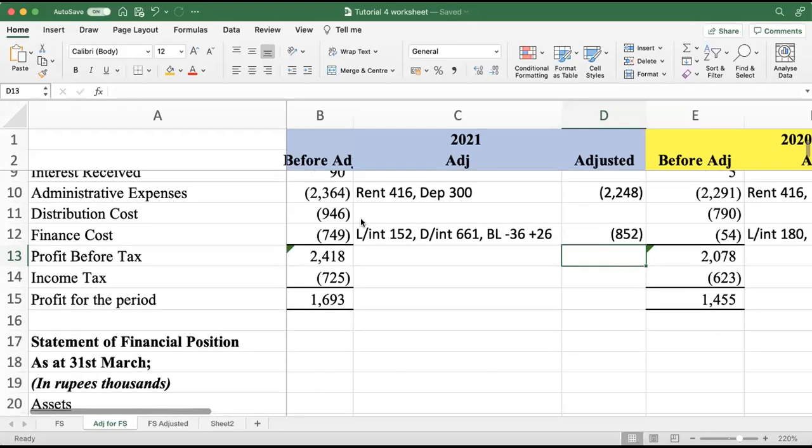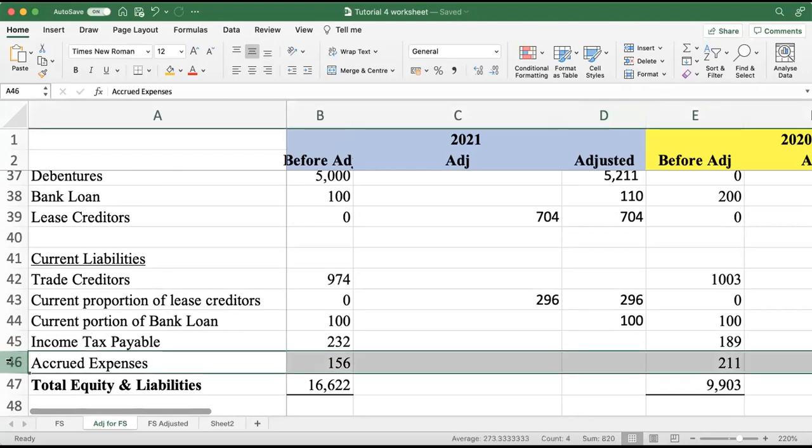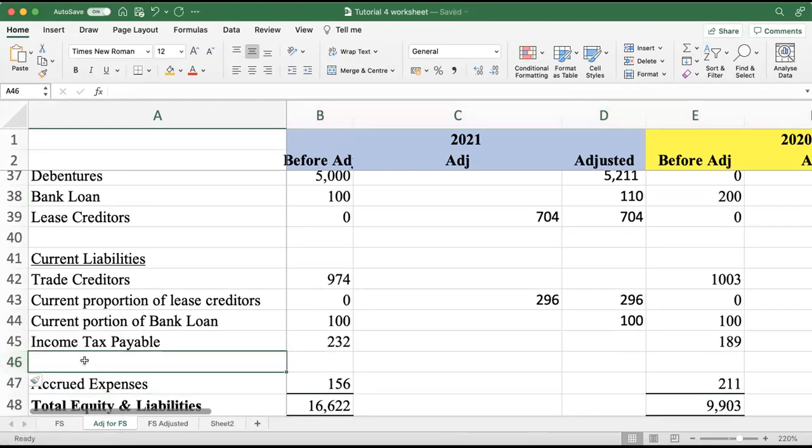Right. Now you see the financial statement. See where the company has recorded this 500 liability. So this should be under current liabilities. Now you see the company has not recorded this. There's an unrecorded liability. So you insert a row, you can record this liability.